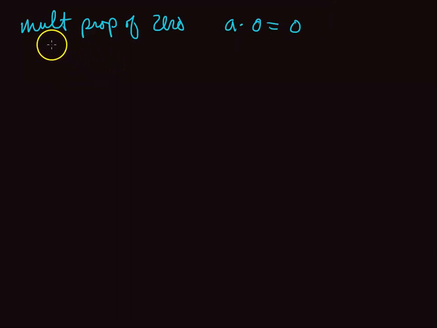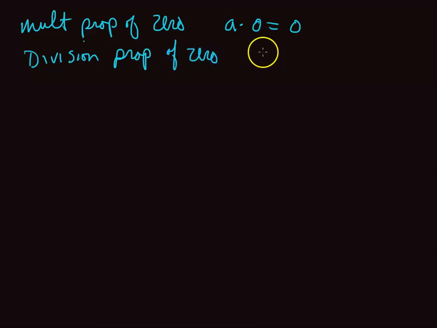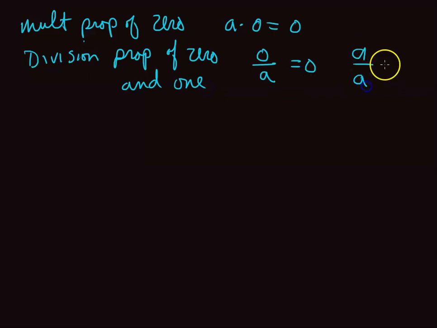The division property, and this is really the division property of 0, it's 0 divided by A is 0. And the division property of 1, A divided by A is 1. And in this case, this denominator still cannot be 0.